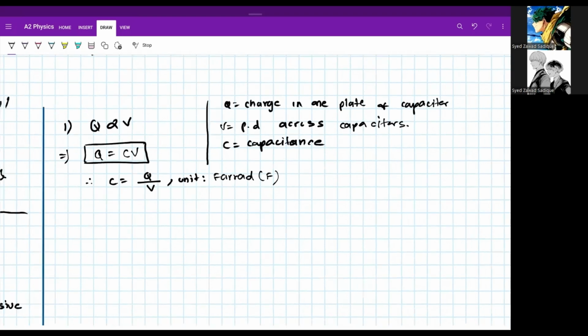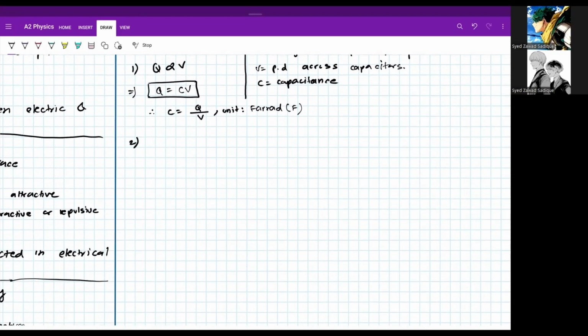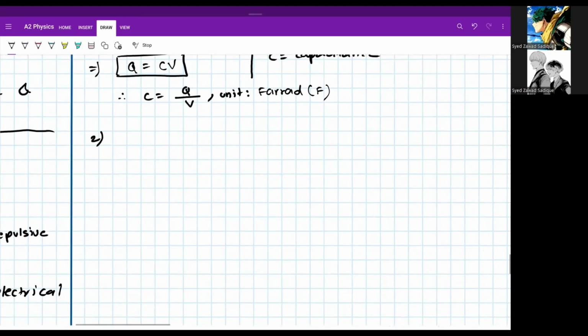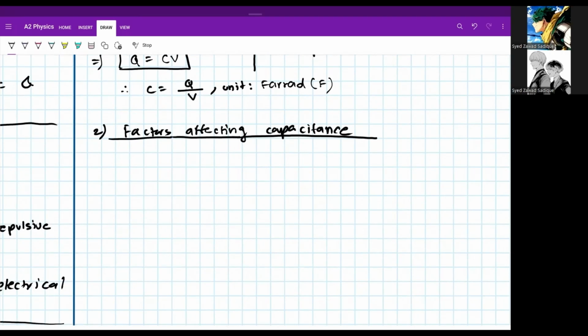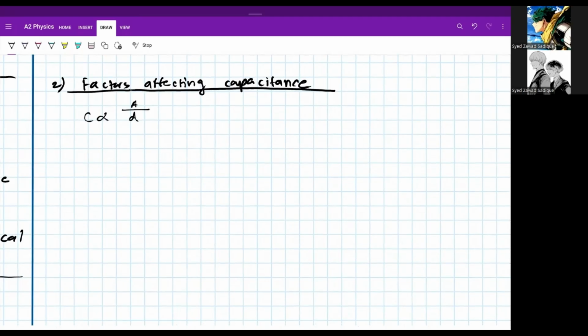Okay, nice. That's one. Two, factors affecting capacitance. The factors affecting capacitance are: C is proportional to area, inversely proportional to distance. You can draw the diagram.